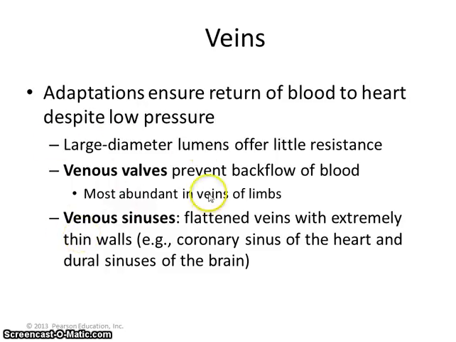Fun fact, because you need the tunica externa to keep veins stabilized, and they have such little pressure, if you don't have enough vitamin C to make that collagen, you get what's called scurvy. And in scurvy, you've got those veins collapsing. And another fun fact is that if you're not able to push blood through the vessels, it can pool up in an area.